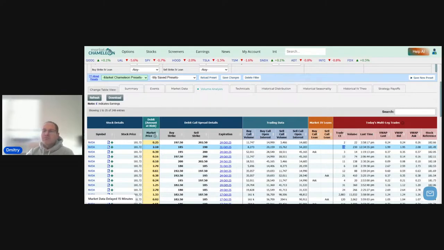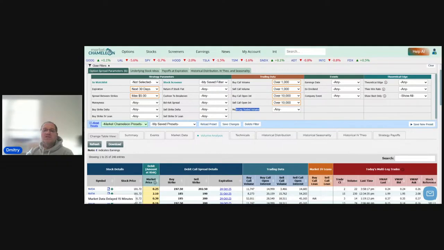Okay, because now we could reference the prices it traded at, the relative price to the display bid and offer, where the reference stock price was. We could look at how many times the spread traded and the volume. So let's say that this multi-leg traded as a multi-leg, the volume has to be at least 100 or more in a day. Okay, so at least this spread had to trade at least 100 times on the day for us to go and look further.